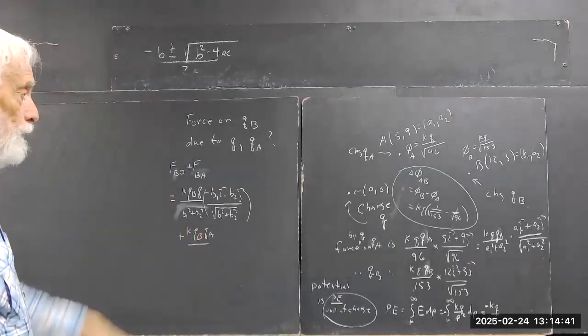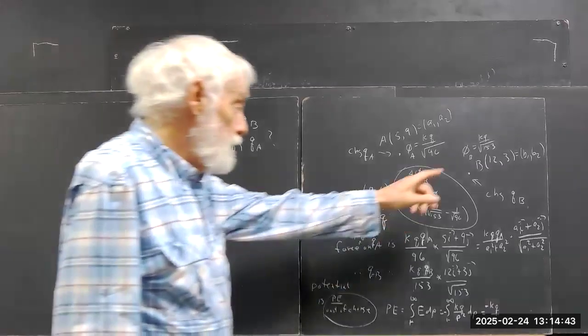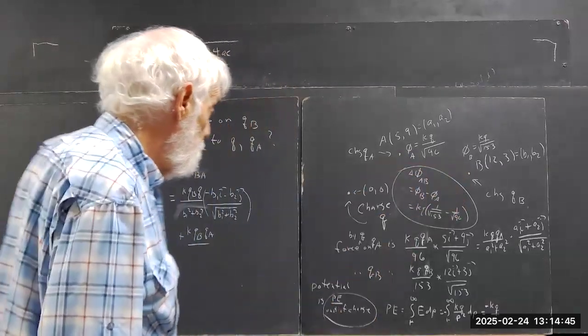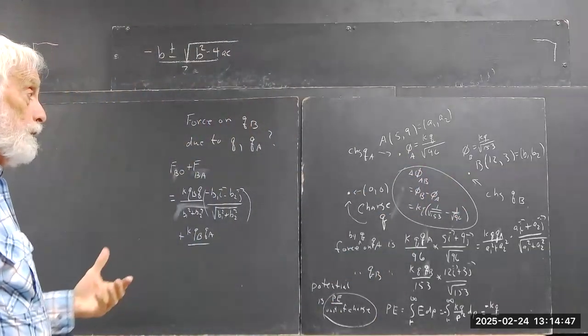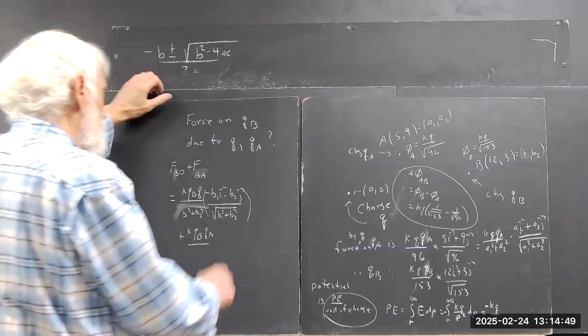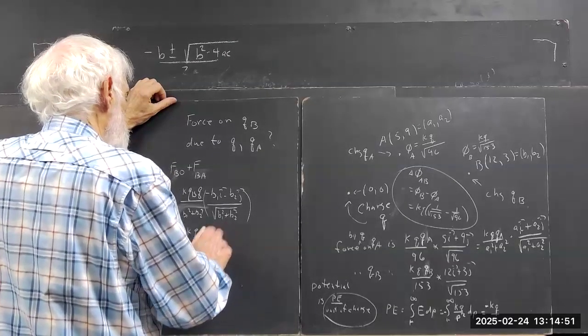Okay, then it's K QB QA. You want a vector from B to A. I'm going to write the vector from B to A here.